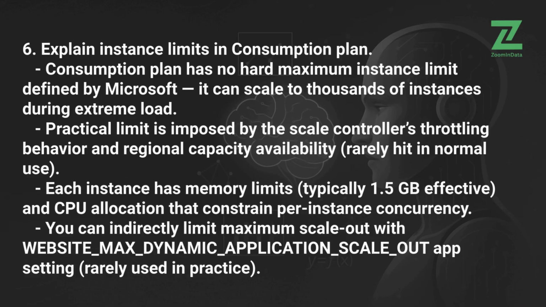Each instance has memory limits, typically 1.5 GB effective, and CPU allocation that constrain per instance concurrency. You can indirectly limit maximum scale out with the WEBSITE_MAX_DYNAMIC_APPLICATION_SCALE_OUT app setting, rarely used in practice.